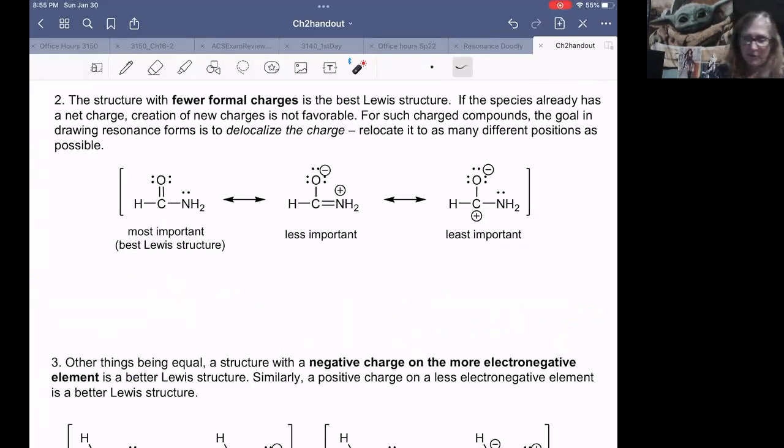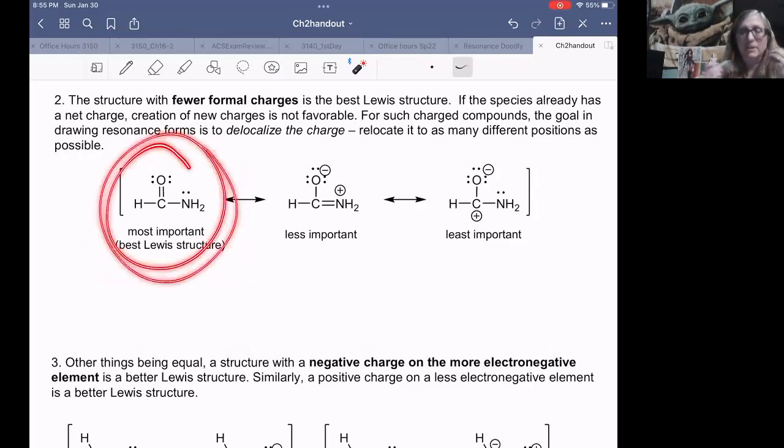So here's an example where we have this as a Lewis structure that has no formal charges. This one, and then these others also now have a plus and a minus. So this is the best one. This is the one that the hybrid, the actual structure, looks mostly like.